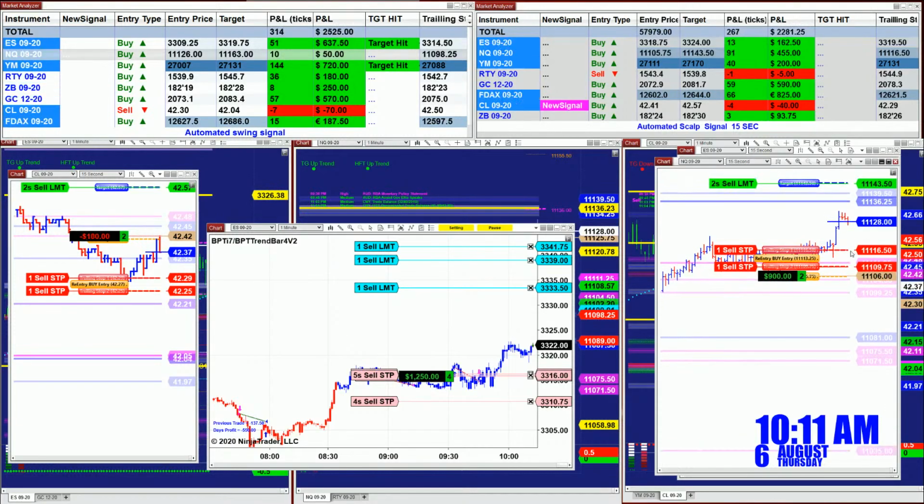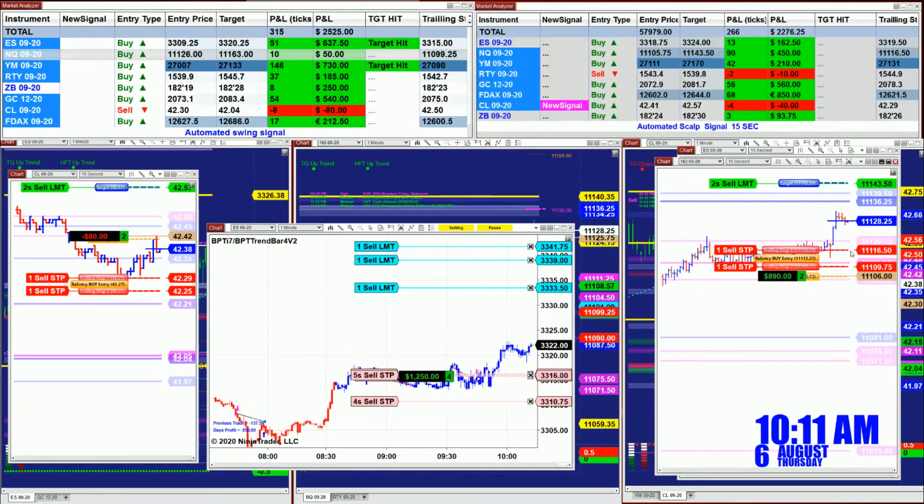The trailing stop 1116 minor, and the support area 1109.75.